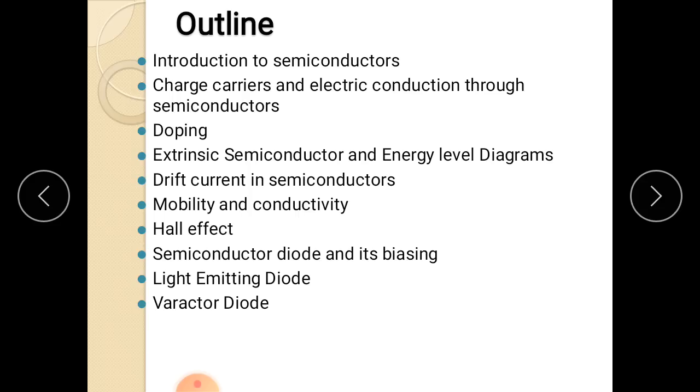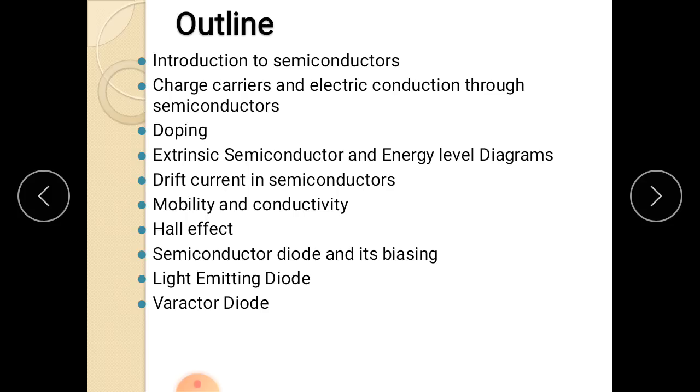For example, microprocessors used in computers or laptops, small chips or SIMs used in mobiles or phones, LED lights, transistors, diodes, etc. Almost all the electronic devices are made up of semiconductors or semiconducting materials. Hence, we have to study in detail about the semiconductors.